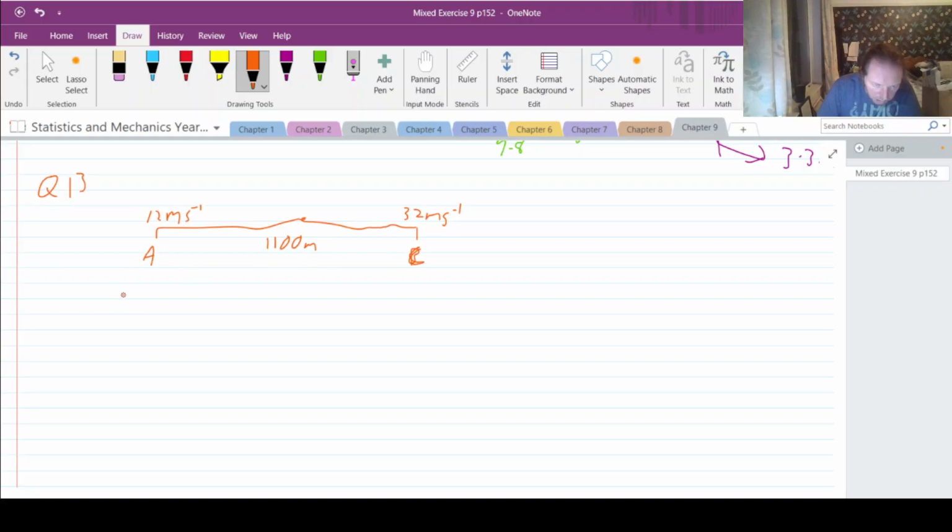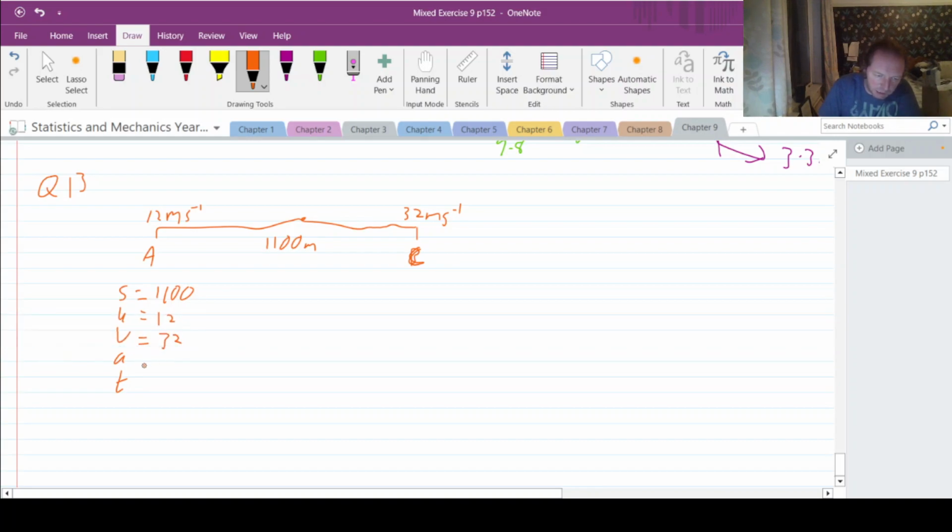Okay, see that again. All right, SUVAT. Distance 1,100, initial speed 12, final speed 32, acceleration we don't know, time we are looking for. So we're looking for the no acceleration equation.